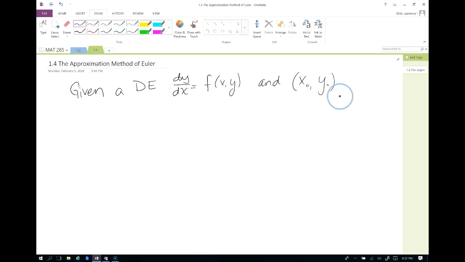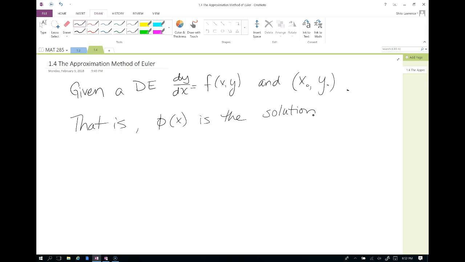So what we mean by this is that phi of x is the solution of the differential equation. At this point, we have no idea how to solve the differential equation and arrive at phi of x.